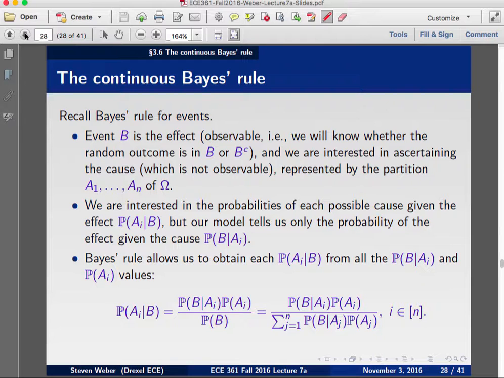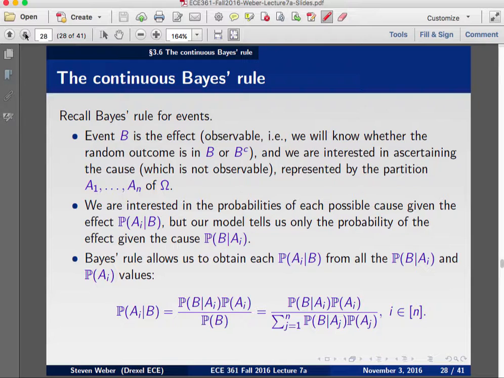And then we observe something that is the effect of the cause. So the underlying cause in the laboratory may be controllable, and we know the probability of the effect given the controlled cause. In the language that we'll use below, probability of B given A_i, where A_i is cause i and B is the effect or observation.